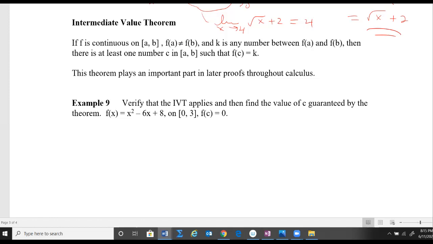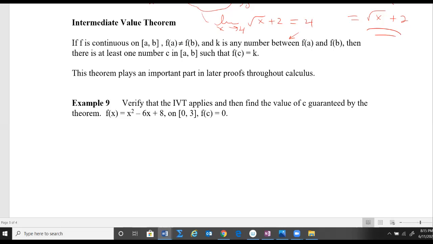If f of x is continuous on the closed interval and f of a is not equal to f of b, and k is any number between f of a and f of b, between means not necessarily equal to, although technically could be. Could be a constant function, but if k is any number between, then there's at least one number c on this interval such that f of c equals k.